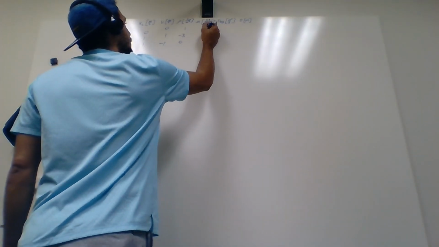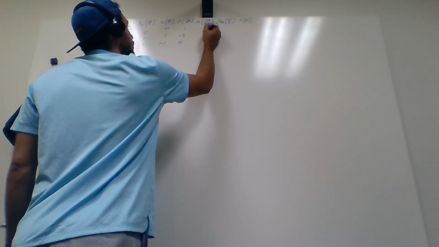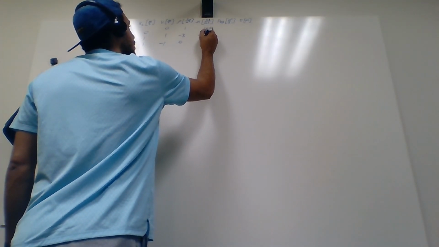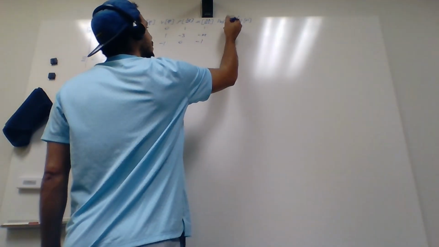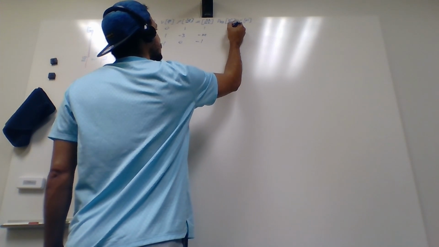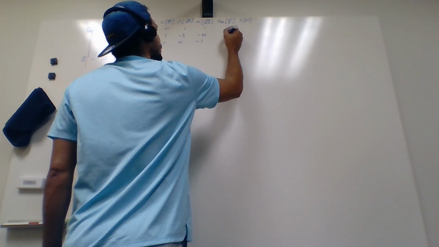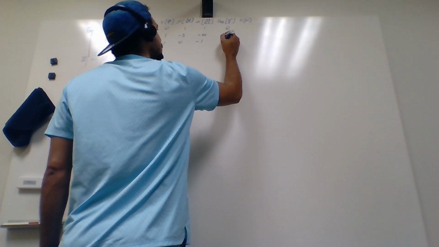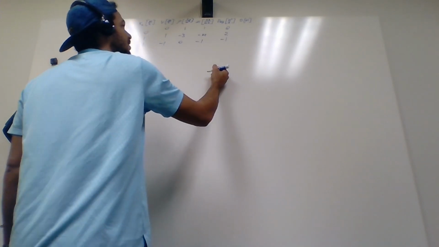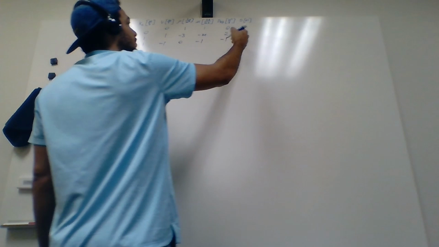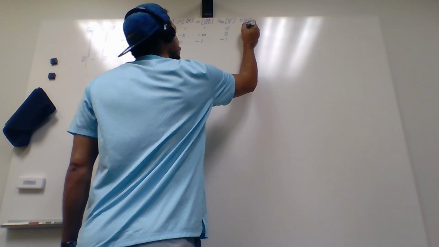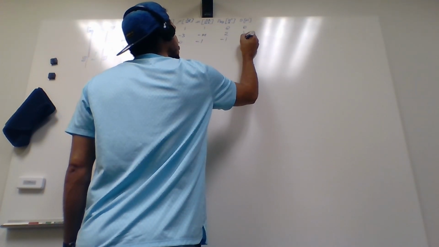Then the viscosity has 1 kilogram in the numerator, a meter, and a second in the denominator. Then for the diffusivity coefficient, we have no kilograms. We have 2 meters in the numerator and 1 second in the denominator. Then for the diameter, we don't have any kilograms. We have 1 meter and no seconds.